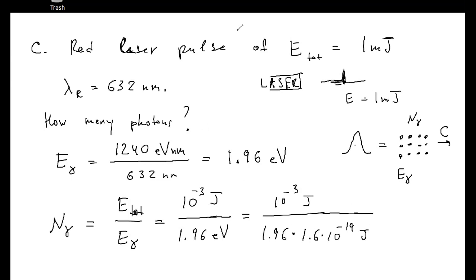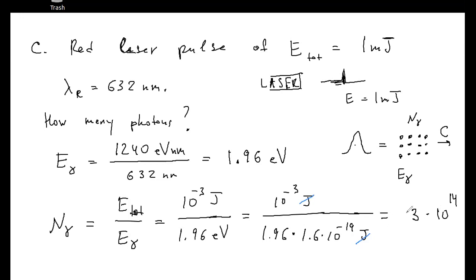So you're with me on this. Help me. 10 to the negative 3, 10 to the minus 19, it should be 10 to the power 15. Maybe I would say 14. And 10 over 2, 5 over 1.6, roughly 3.